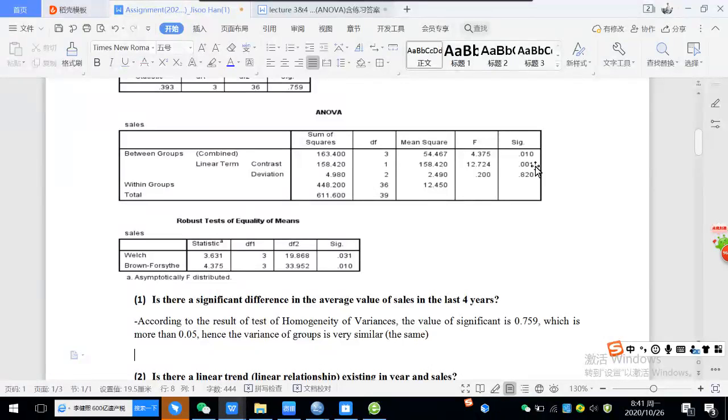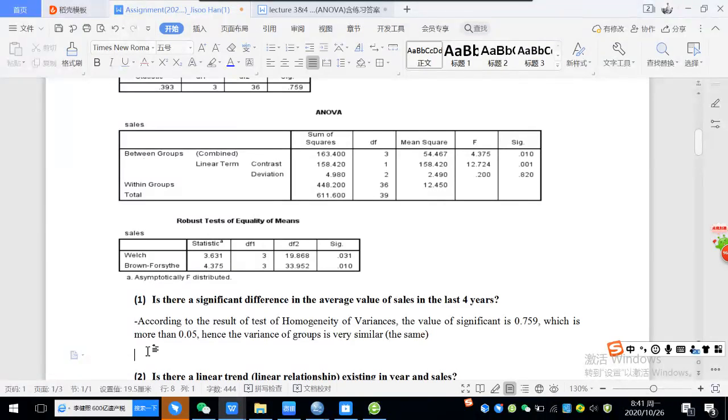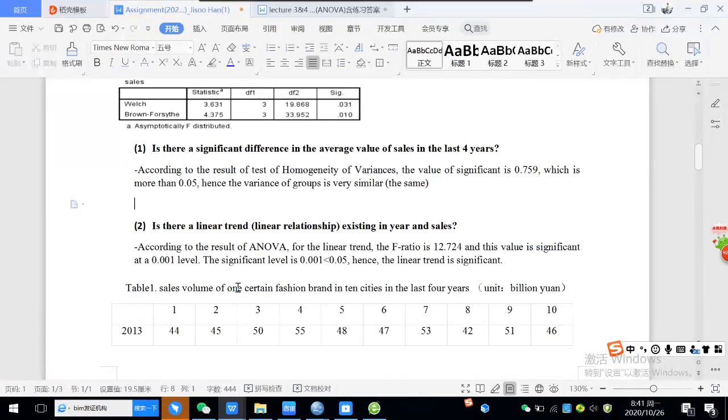Okay, so next you need to analyze like this and draw conclusions in the last 4 years. Okay, so here is the first question. Second, let's look at the second question here.